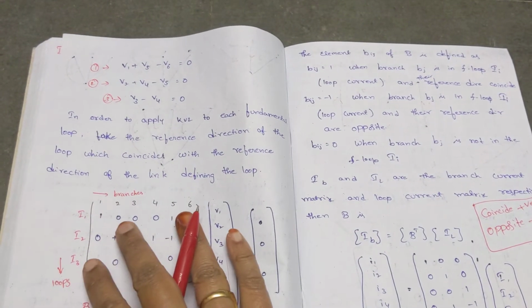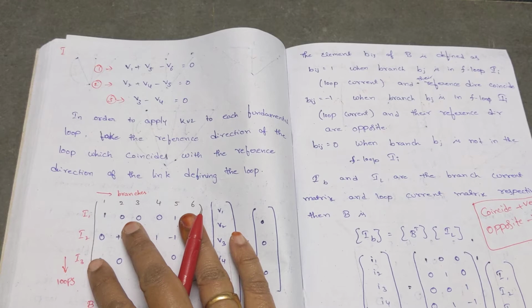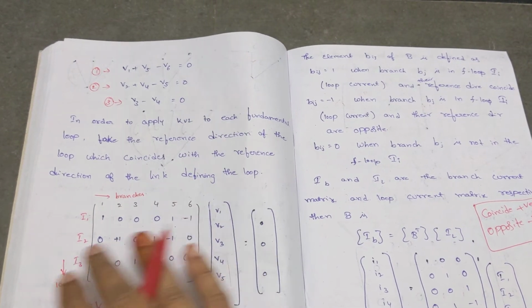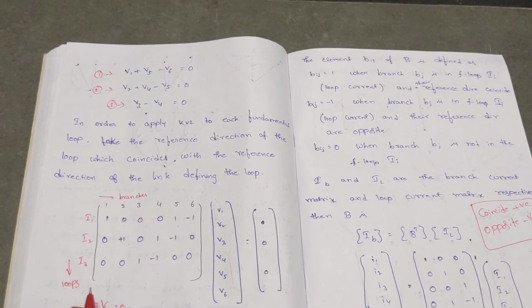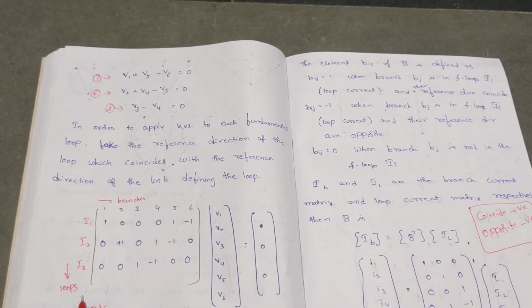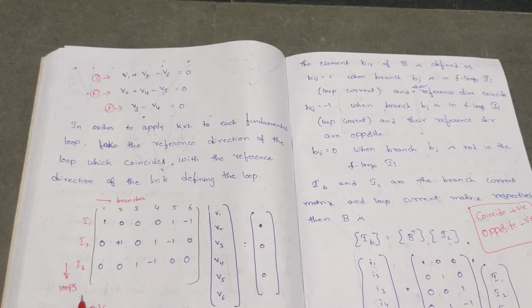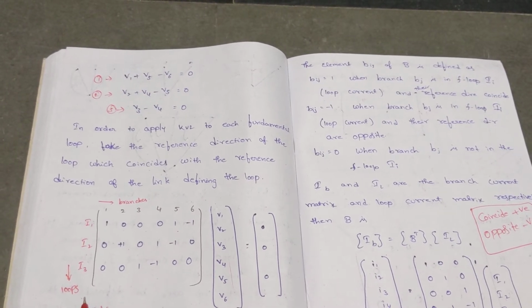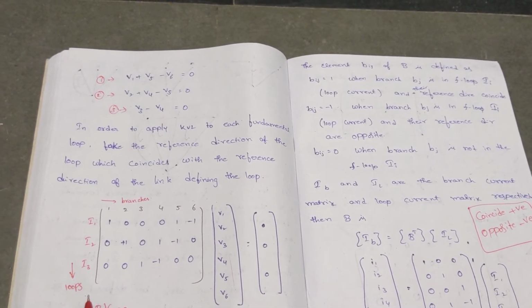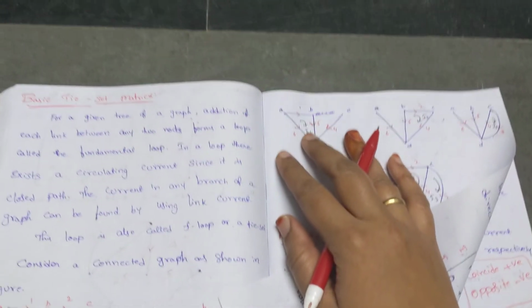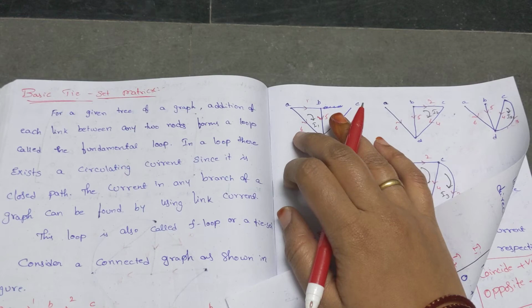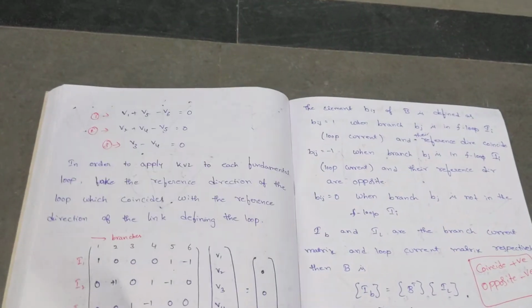Similarly, if the branch is available in that loop, we provide either +1 or -1 based upon the direction. If it is not at all related, we simply keep it as 0. Observe that in this loop, only 1, 5, 6 are available. The rest of the elements are zeros.